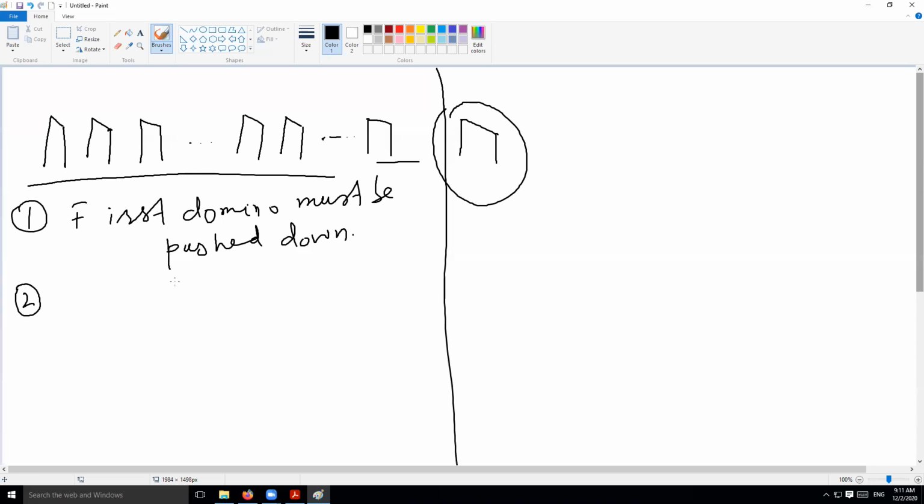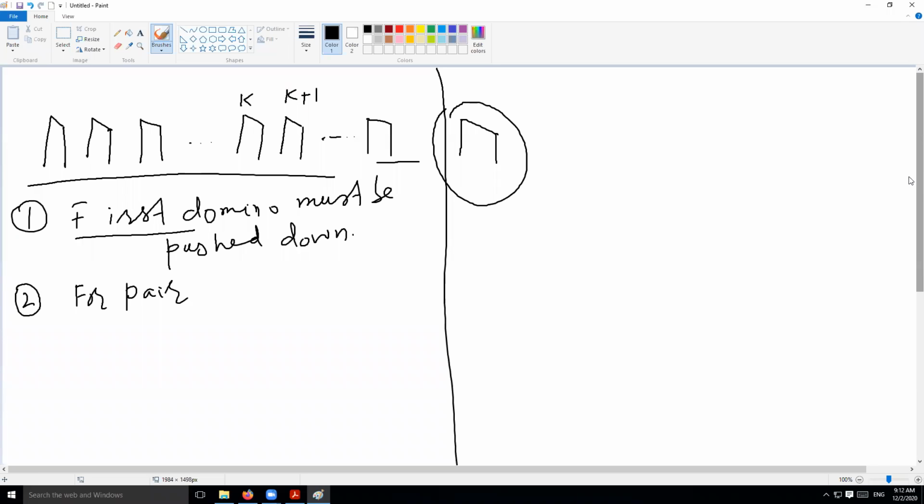So how about if I say that the first domino is down, okay? And how about if I say that for a pair of dominoes, so imagine if you take any pair of dominoes, like 1, 2, or 2, 3, or 3, 4, or for the kth and k plus 1th domino, okay?